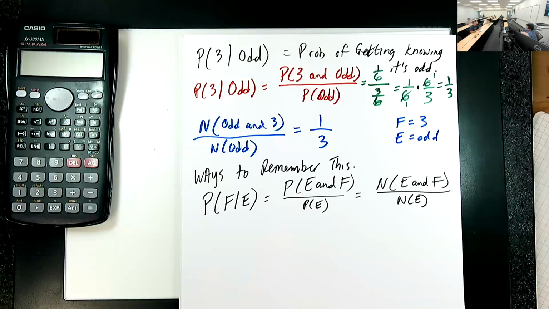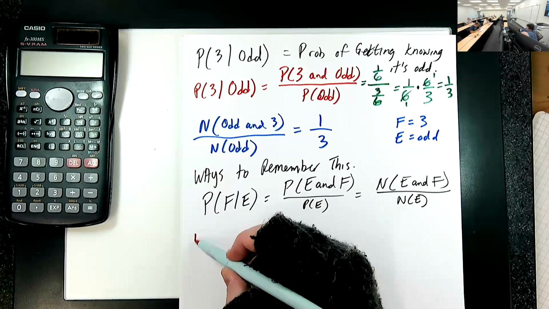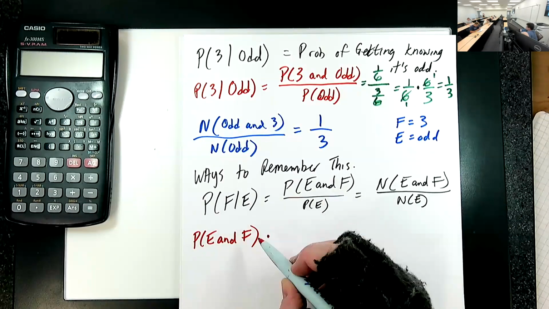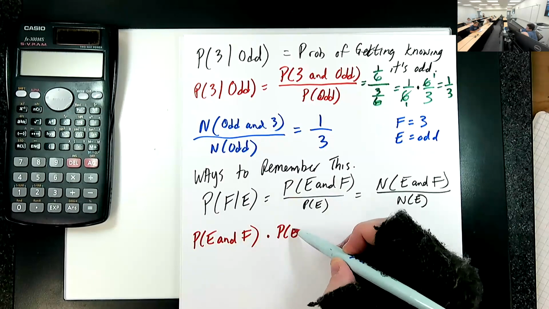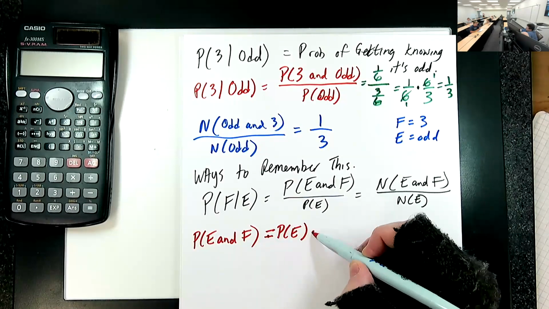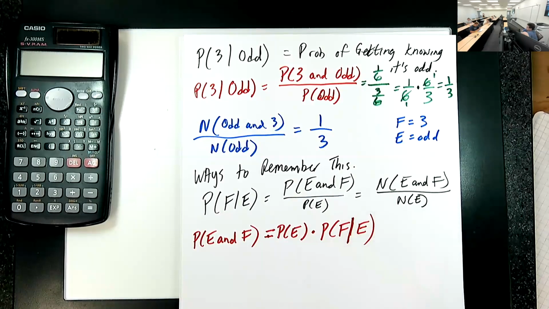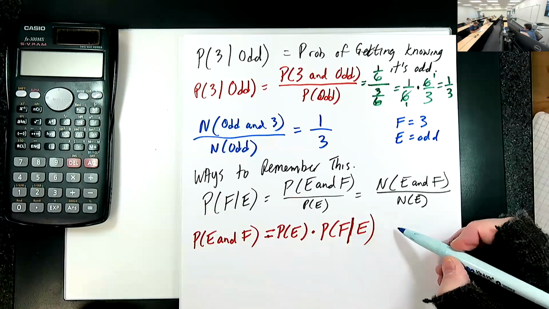Just focusing on the left half, if I multiply through by the probability of E, I get the probability of E and F on one side, and on the other side, I get the probability of E times the probability of F given E. And this is for dependent outcomes.